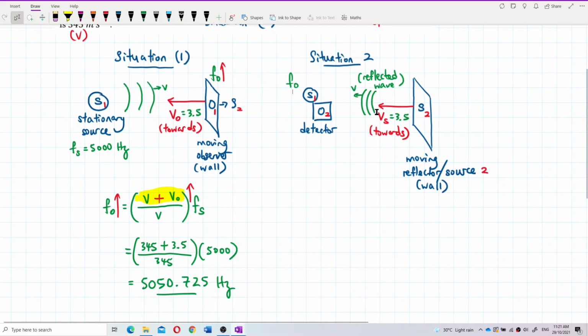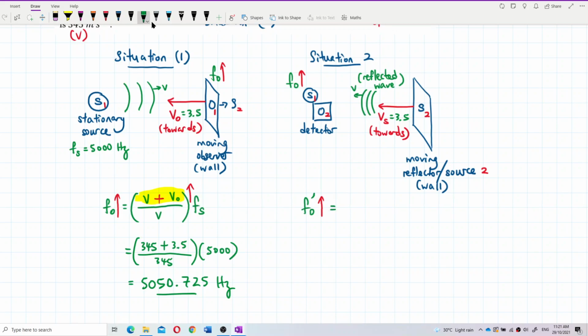So the reflected wave is being compressed, and because the source is moving towards, the observed frequency should increase. This is the observed frequency prime, number 2, which should further increase.